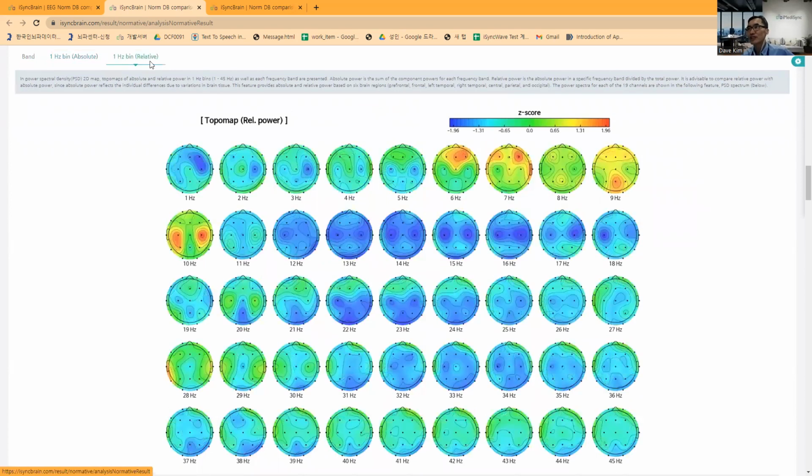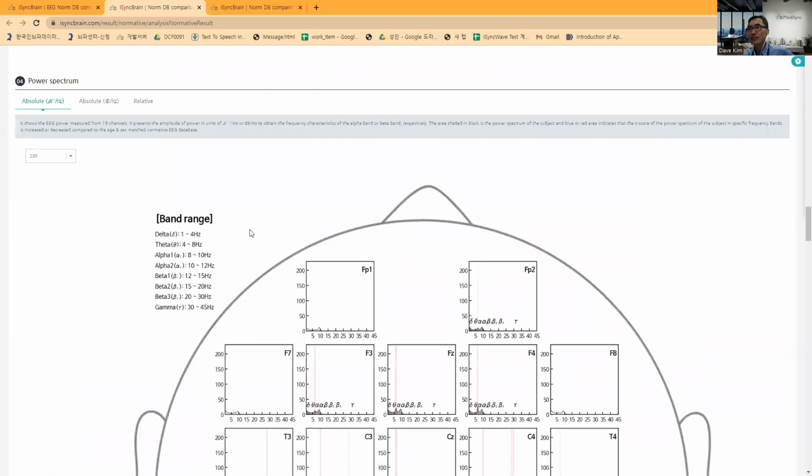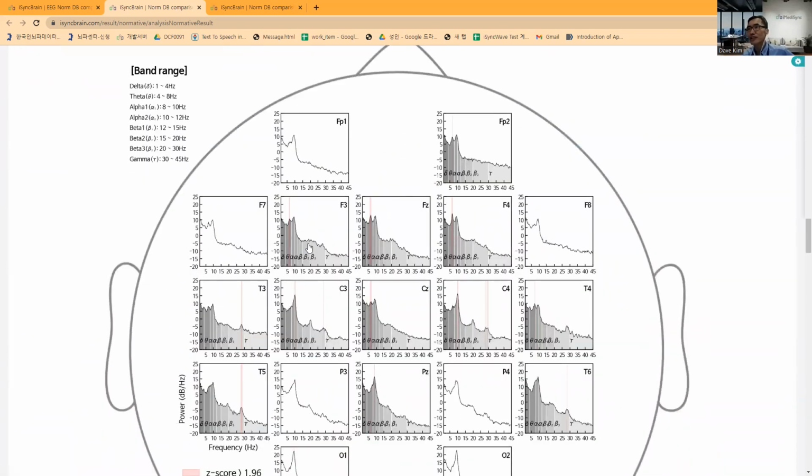And we can also see the frequency relative power spectra. There is excessive slow activity in the frontal area, and the central mu is excessive in this case. We can also see the same frequency distribution in this spectra.